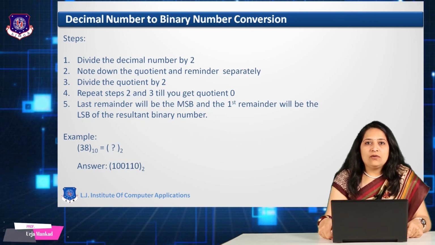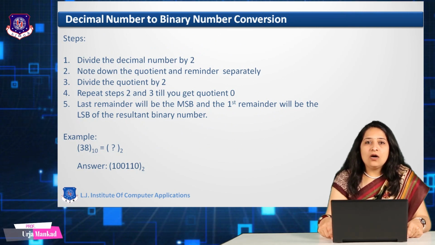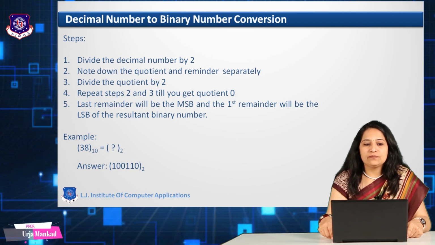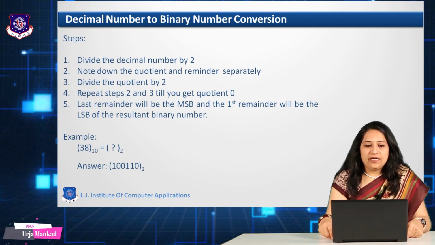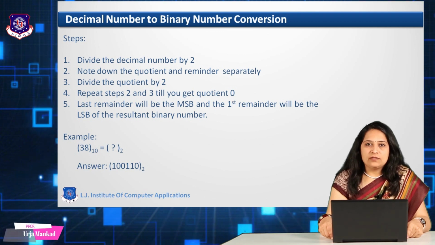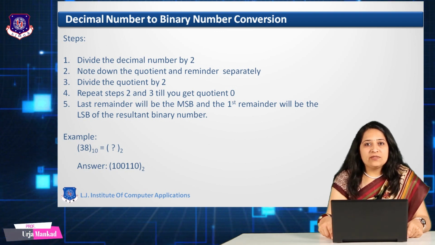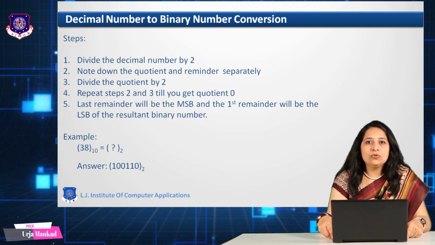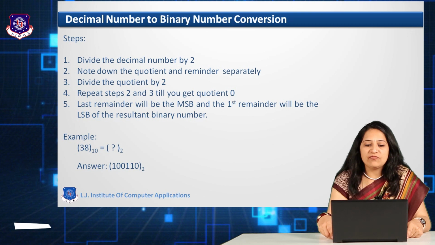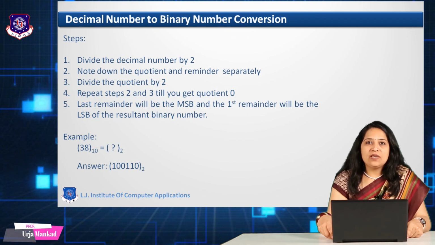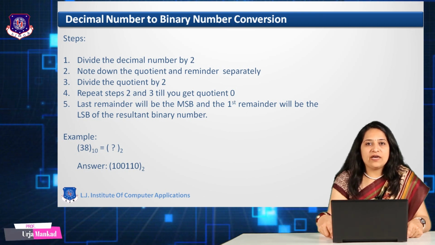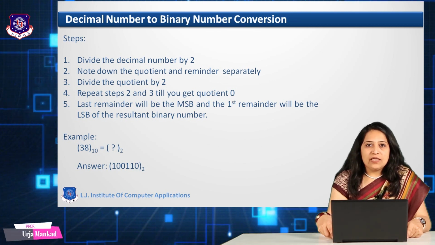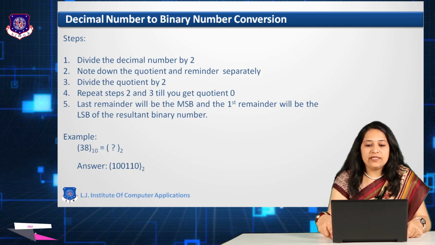Now further we will learn how to convert a decimal number to a binary number. Steps are there. First of all, whenever you are given a decimal number, you have to divide it by 2. Now, 2 is the base of a binary number. We need to convert a decimal number into binary, so we are dividing it by 2. When we divide a number, we have two portions, quotient and remainder.